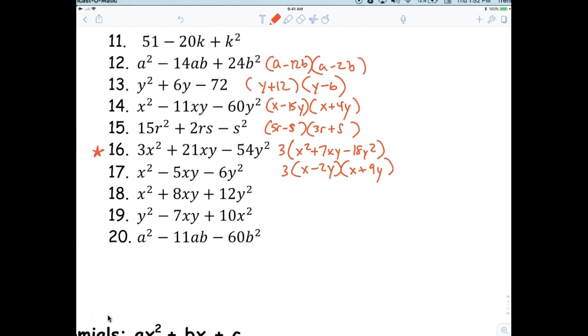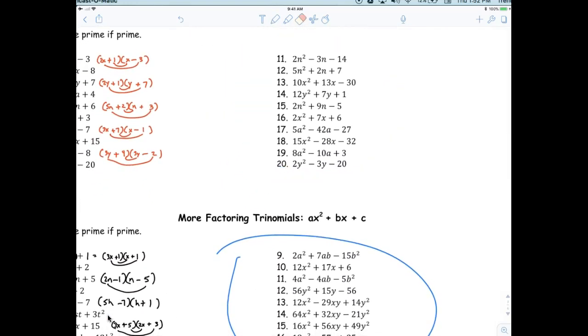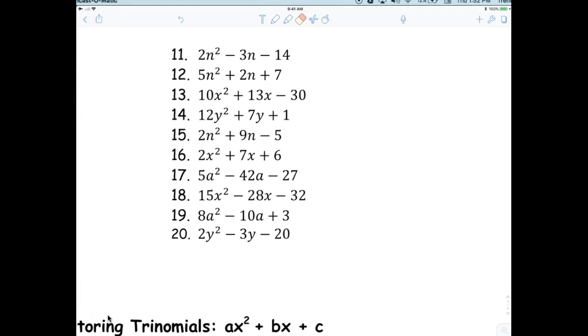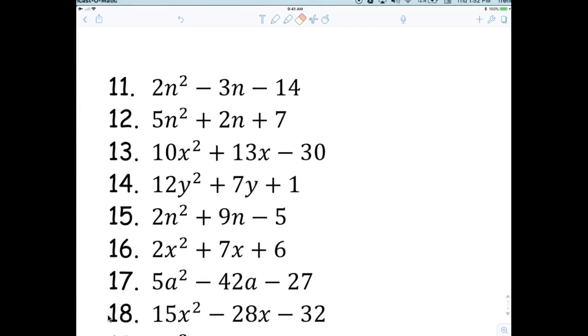Okay, scroll down. Here we go. 11 through 20.